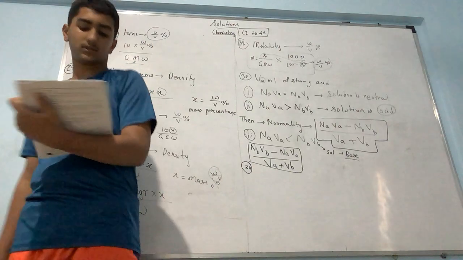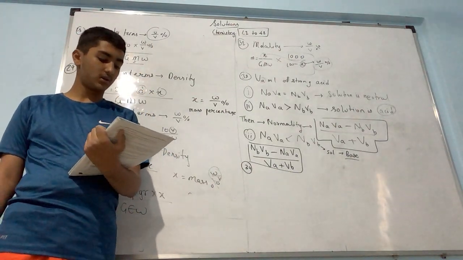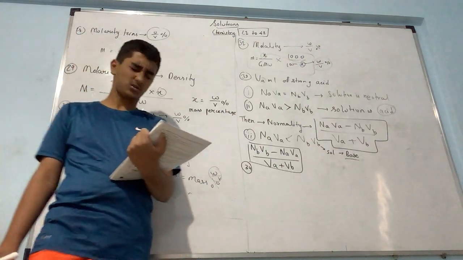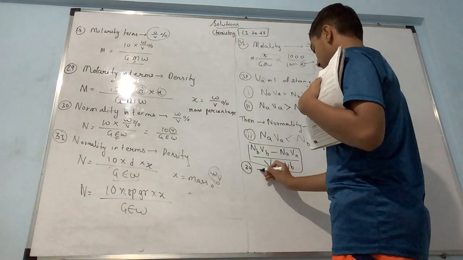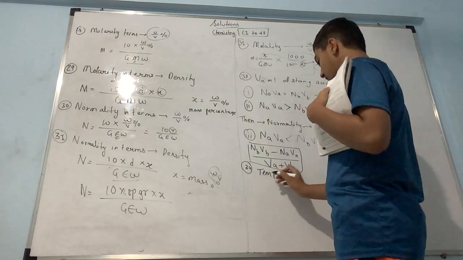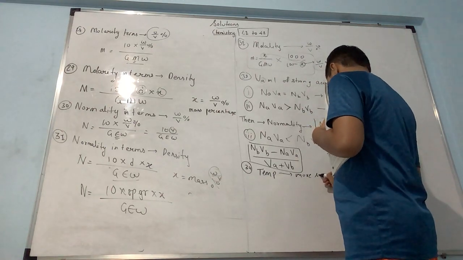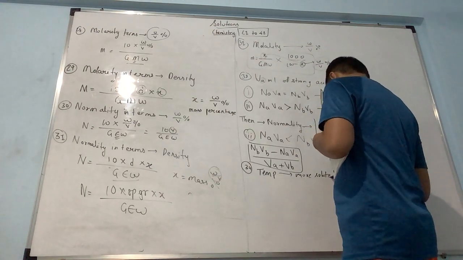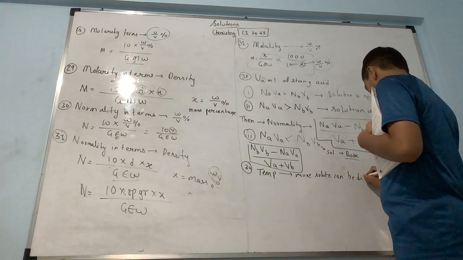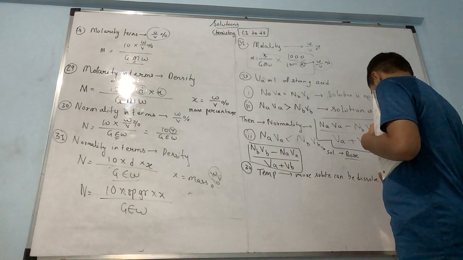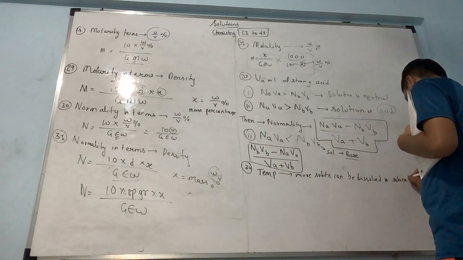Solubility of a substance is its maximum amount that can be dissolved in 100 grams of solvent at a specific temperature. Means at a given temperature, more solute can be dissolved in solvent, or you can understand it your own way.